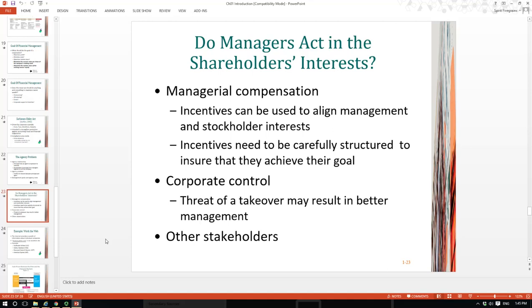Managerial compensation solution. And what a shareholder needs is good performance, right? And what the manager needs is higher salaries, higher bonuses. But somehow, if we can align managers' needs with companies' needs, then we can find a pretty good solution. That is a managerial compensation package that can put both shareholders and executives in the same boat.